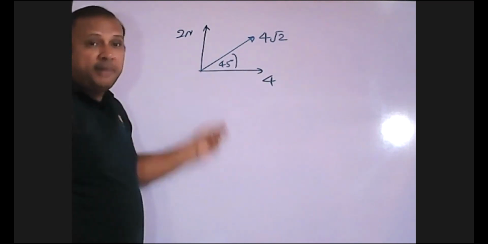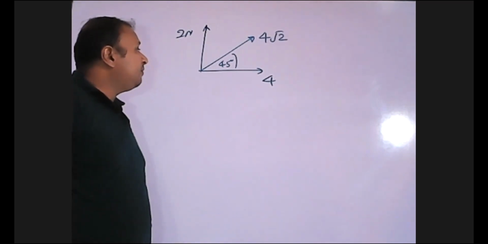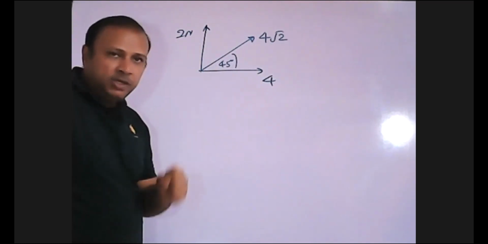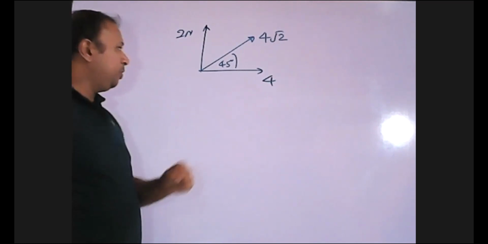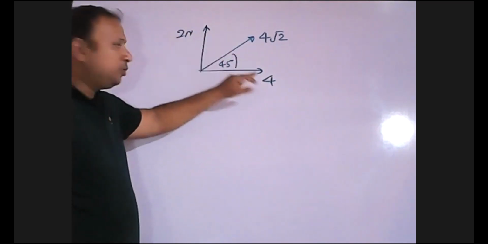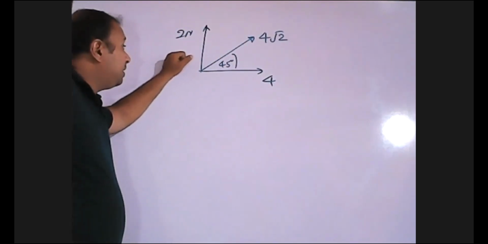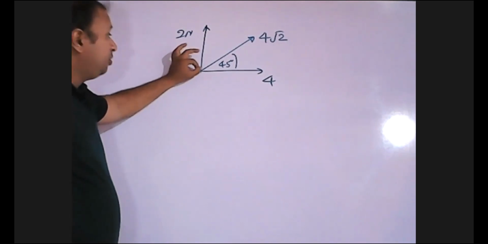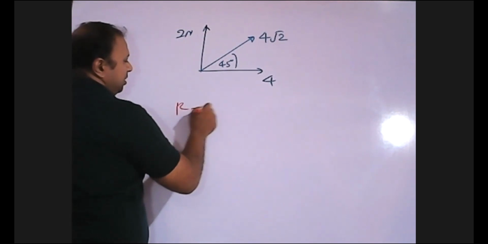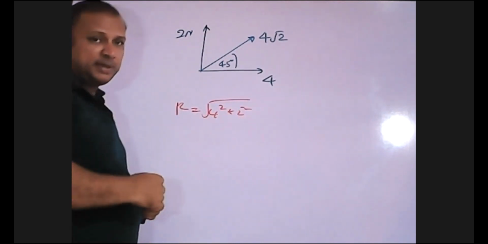If I want to get the resultant force of 4 and 2, the magnitude is equal to the square root of 4 square plus 2 square.